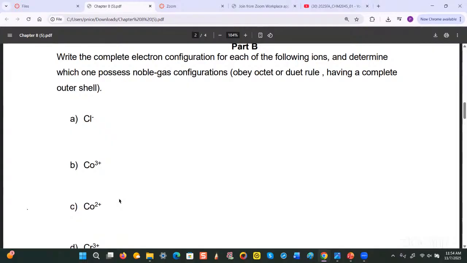So in the case of chloride, the atomic number is 17. So therefore, 1s2, 2s2, 2p6, 3s2, 3p5, right? So that's for the atom.